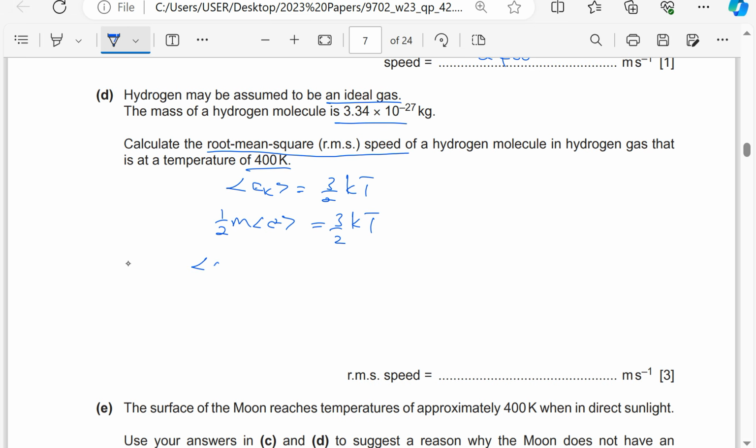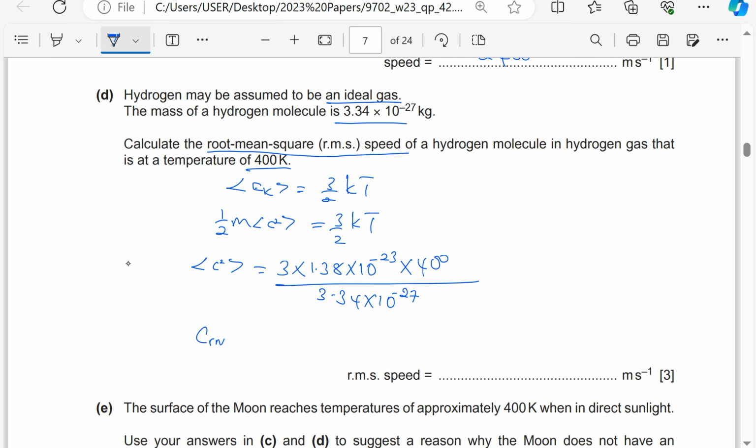I make the mean square speed the subject, so this will be 3 times Boltzmann's constant, which is 1.38 times 10 to the power of minus 23, times temperature, which is 400, divided by the mass, which is 3.34 times 10 to the power of minus 27.